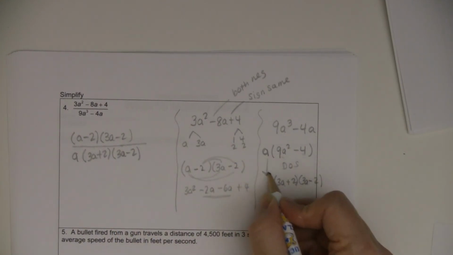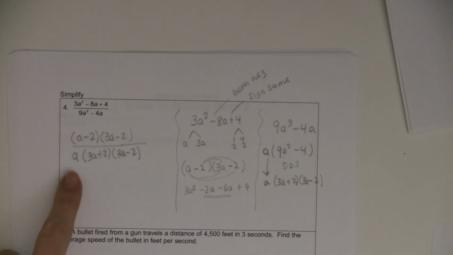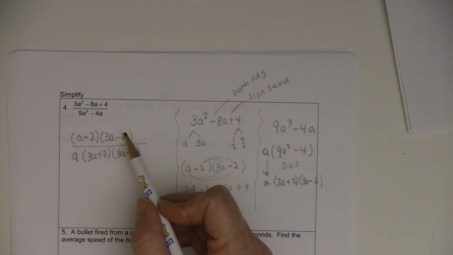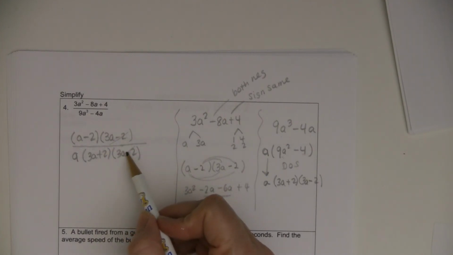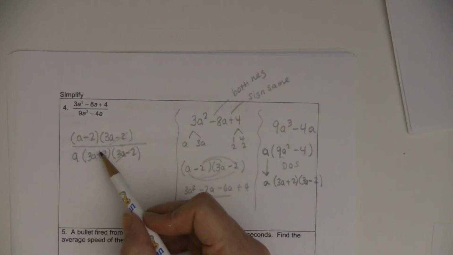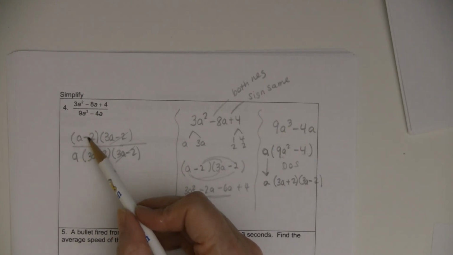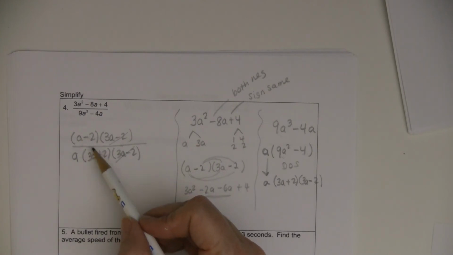And I'll bring that a down as part of my answer, but I'd already had it over here where I wanted it. Now that a isn't going to cancel with anyone because it has to be exactly the same size to cancel. But this 3a minus 2 and this 3a minus 2 would reduce with one another. You cannot reduce this binomial and that binomial with one another, even though it is really fun to reduce things, because they're not exactly the same.